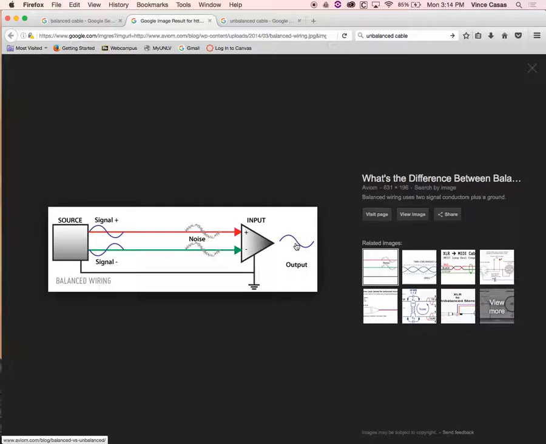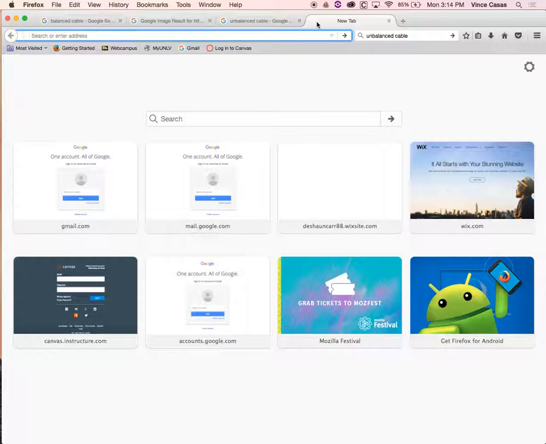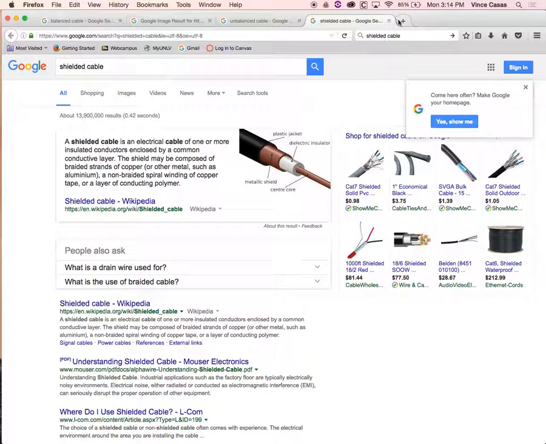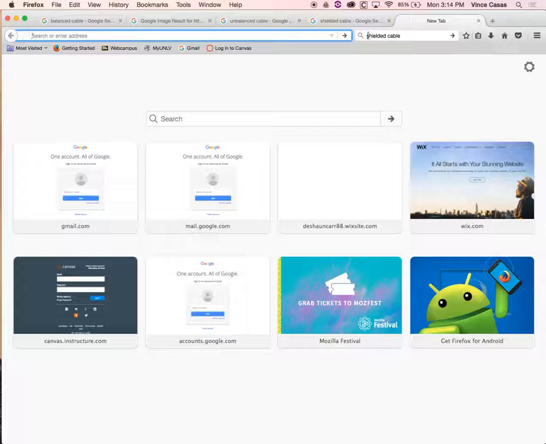In addition to this, although I don't know if I can show you very much, let's see. There was also a conversation about shielded versus unshielded cable. And there are a couple of variables and variances designed in shielded and unshielded cable.